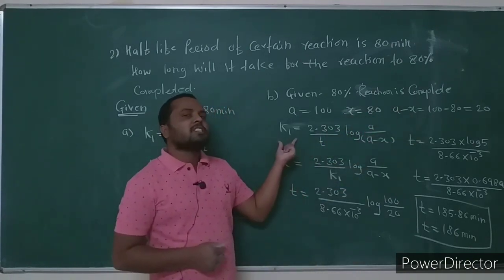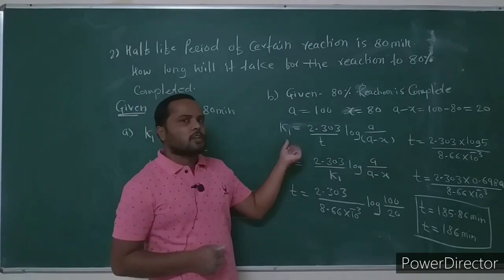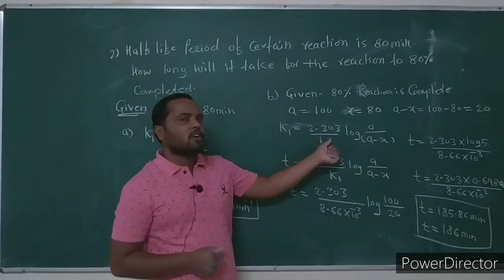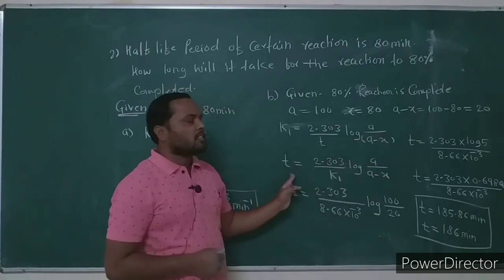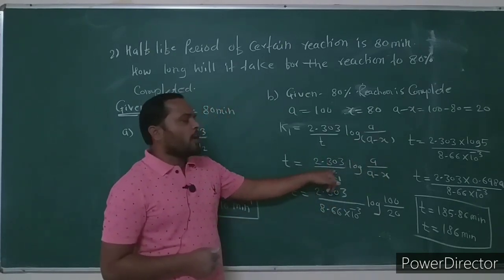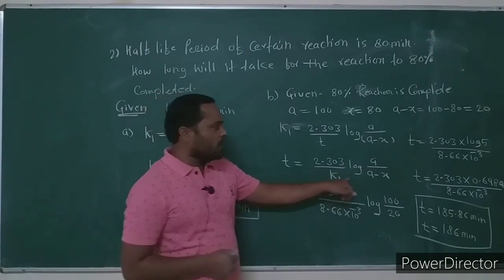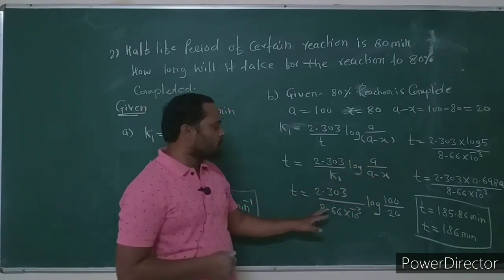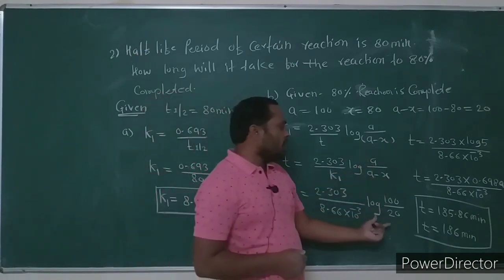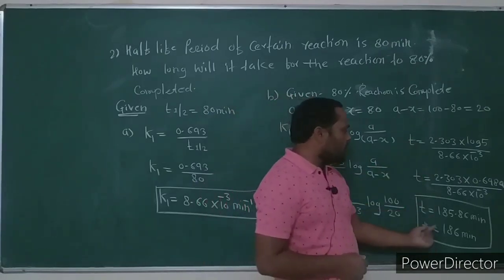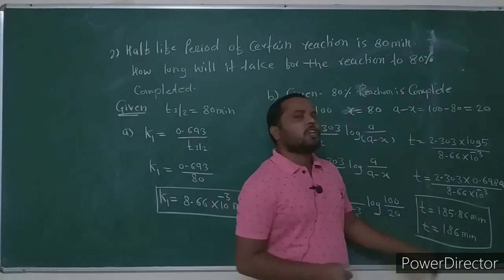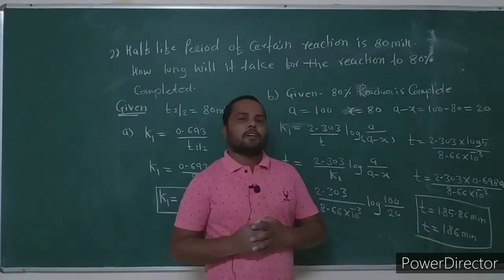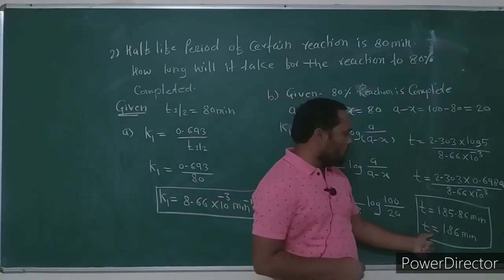By using the integrated rate equation for a first order reaction, 2.303 divided by T log A upon A minus X, we rearrange this equation: T is equal to 2.303 divided by K1 log A upon A minus X. We substitute the values of K1 and A minus X and solve this. Finally we obtain the time required for completion of 80% of the reaction.